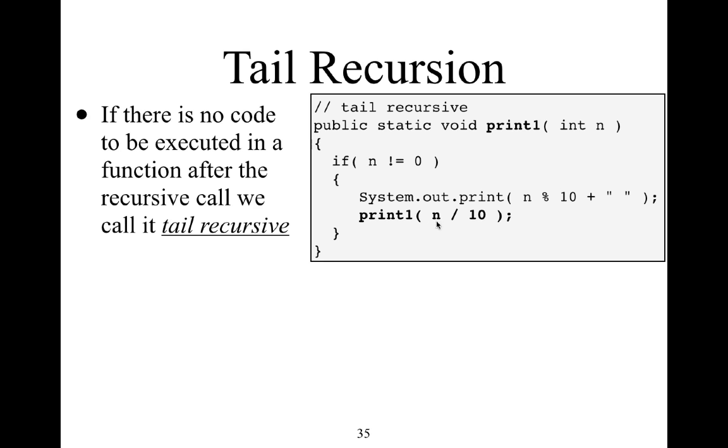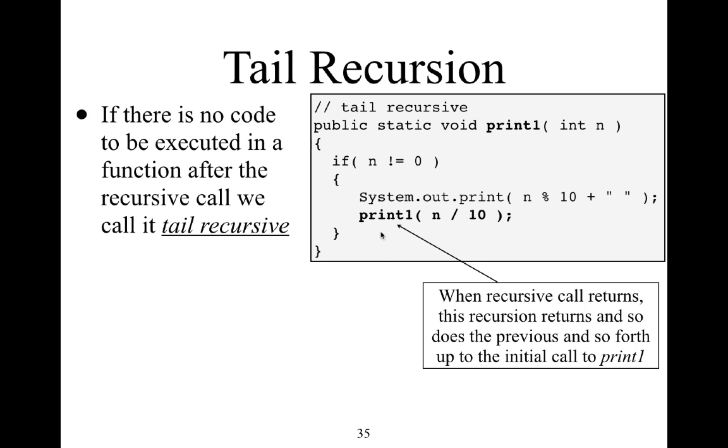And then it recurses on the div of that, so that this digit that just got printed here is not part of this division here, and then it recurses. Well, there's absolutely no code executed after this line, which then returns to the previous call, which returns the previous call, and none of them have to do anything after they've had their recursion.